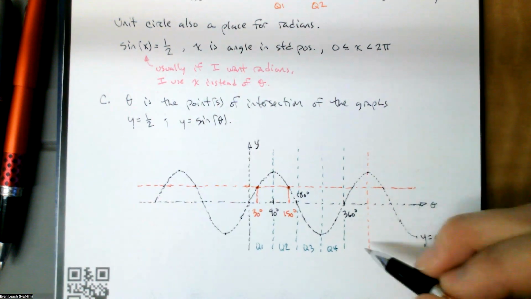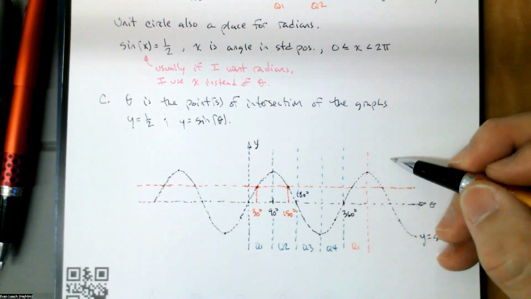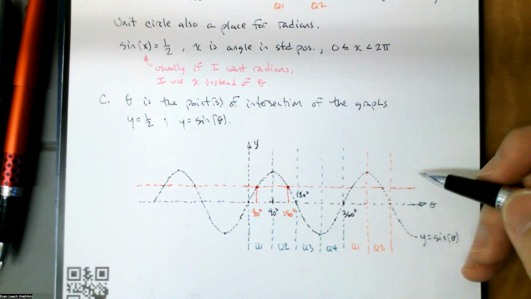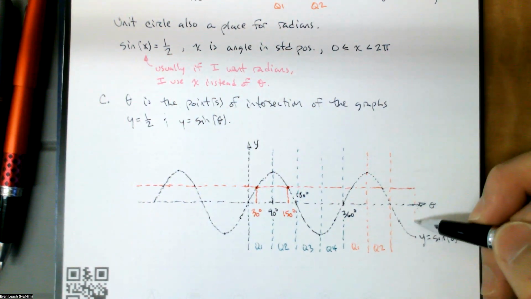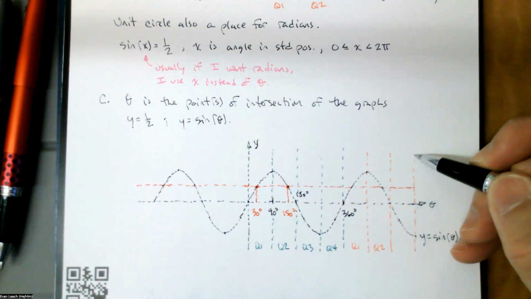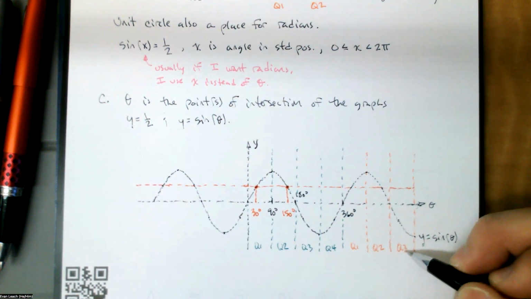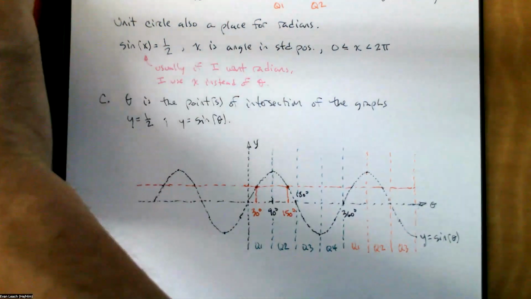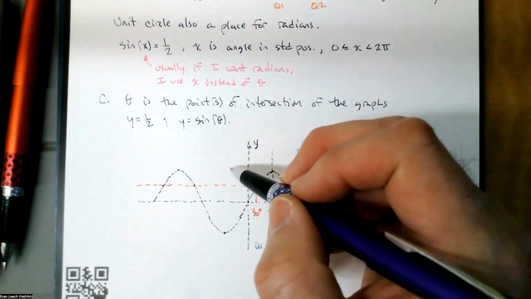Here's our next quadrant 1. Here's our next quadrant 2. And before this, we had another quadrant 1, 2, 3, and 4.